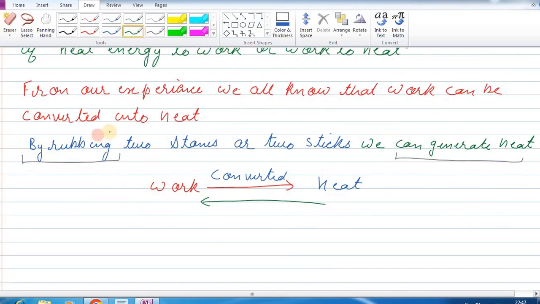We all know that if a reaction goes forward, then it may go backward. So scientists pondered upon the fact that if heat can be converted into work.